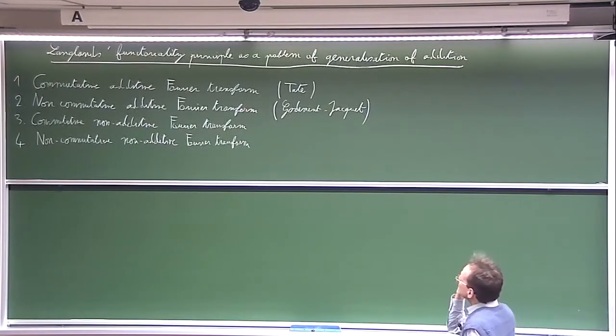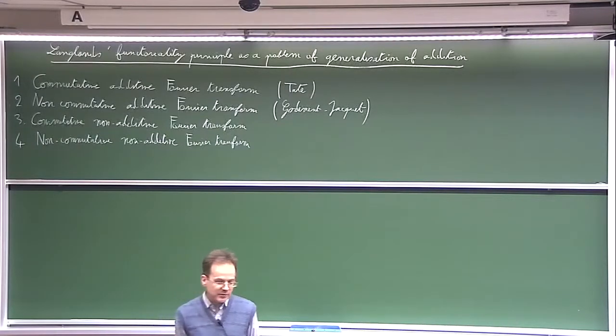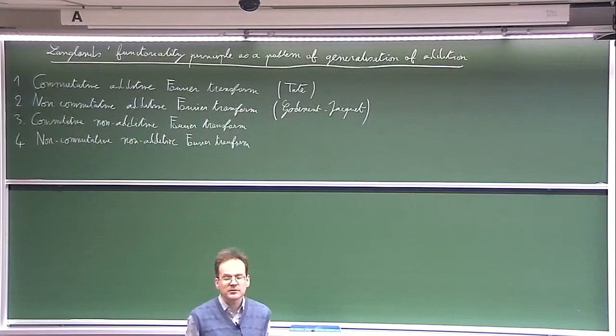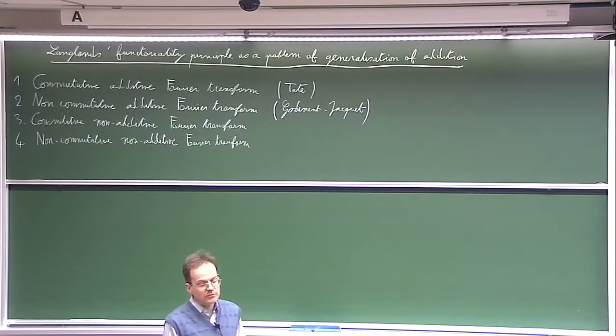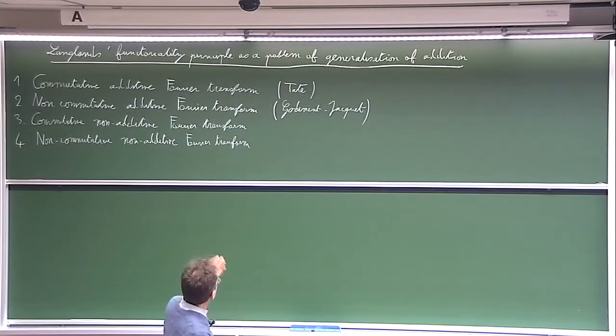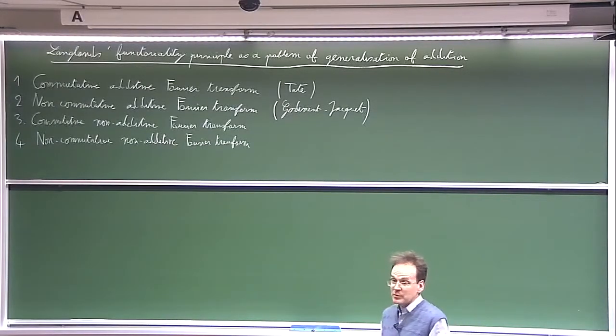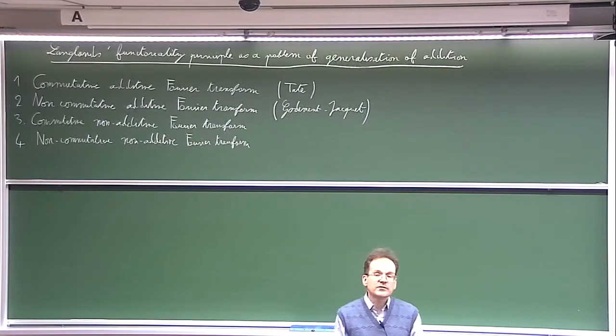Okay, so I want to talk about Langlands' comparability principle, which is a problem in, let's say, another theory. But the approach I want to introduce is in fact analytic minded, and as you see by the titles of the different parts I have already written on the blackboard, I will be mainly concerned with Fourier analysis.